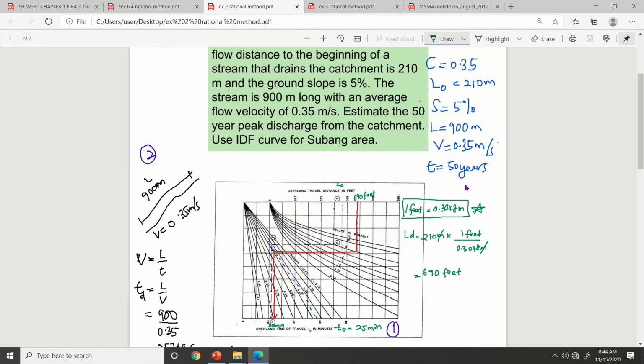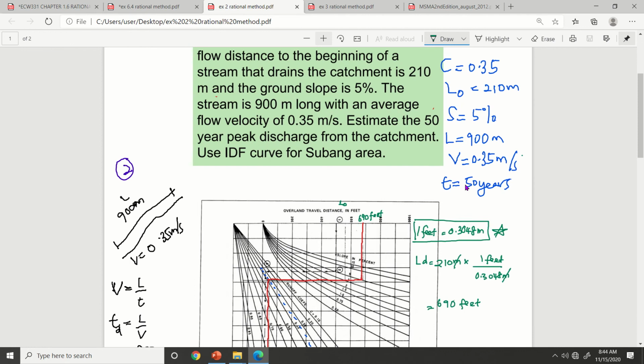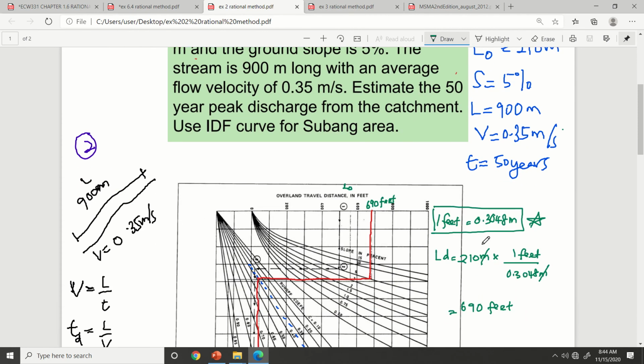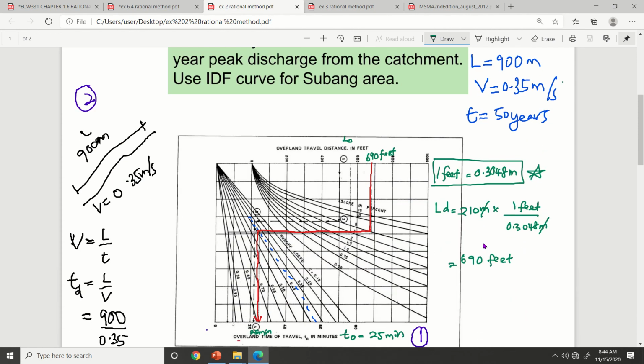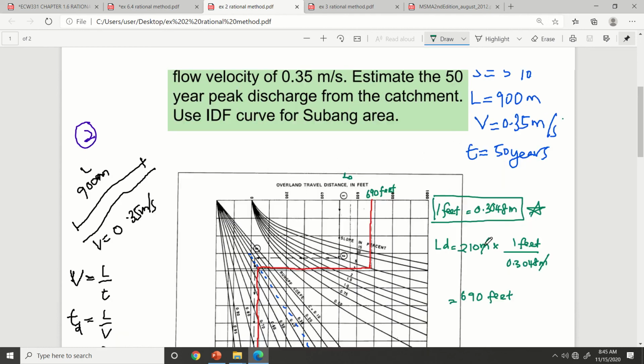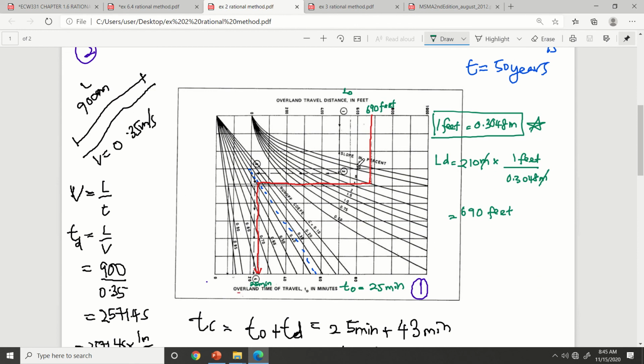I extend from 690 feet to slope 5%, and then to the runoff coefficient given, 0.35, at the center of 0.3 and 0.4, until you get the time naught. So time naught is 25 minutes.